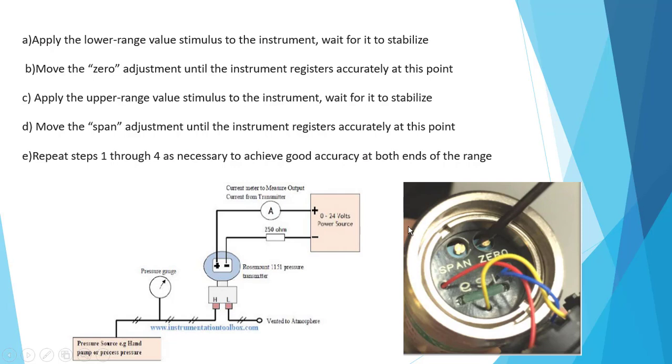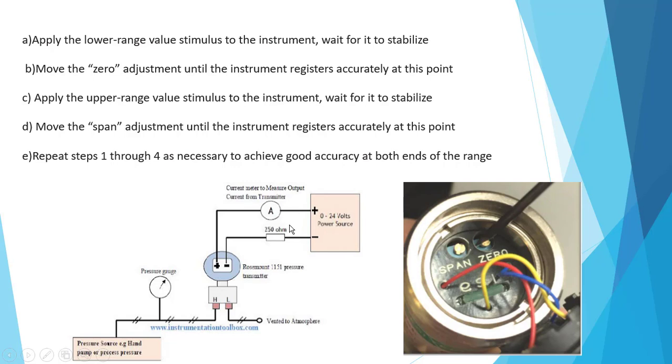Then go to 100%, check the multimeter. It should be 4 mA or 20 mA. So 0% is 4 mA, 25% is 8 mA, 50% is 12 mA, 75% should be 16 mA, and 100% should be 20 mA.